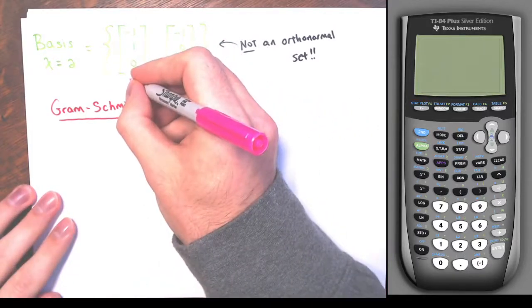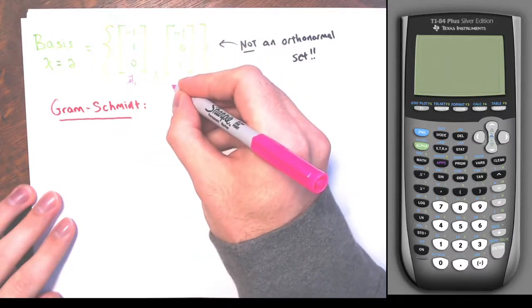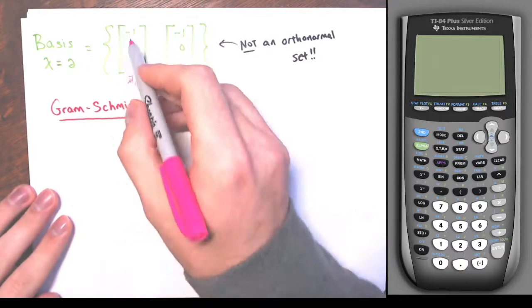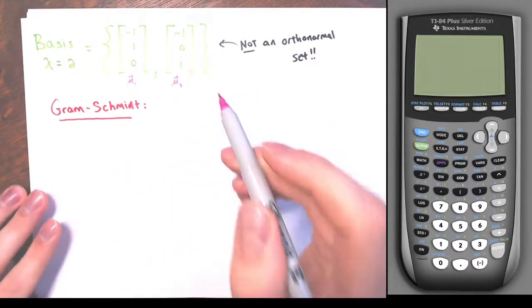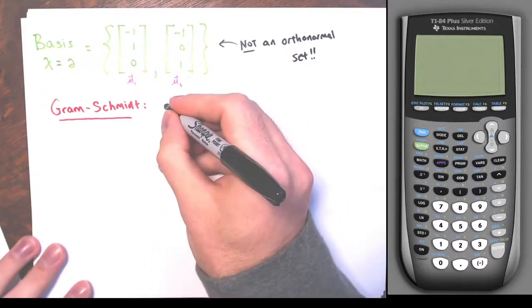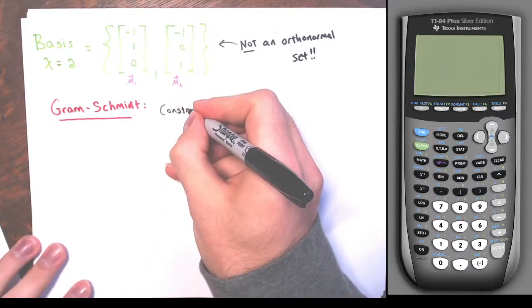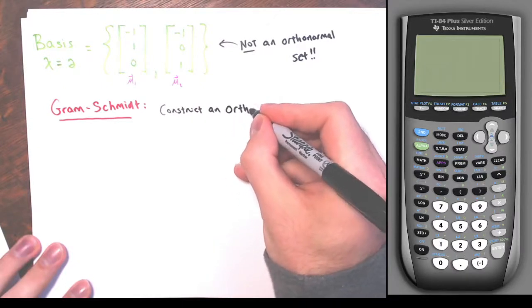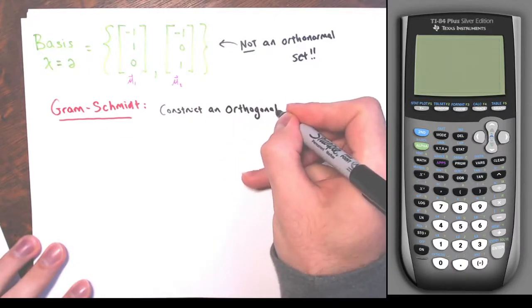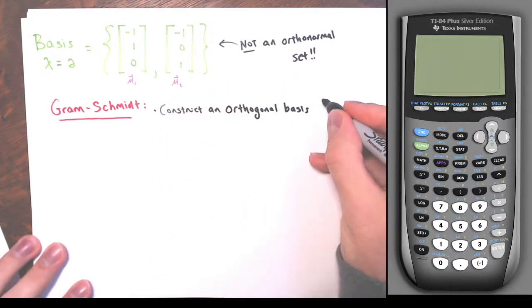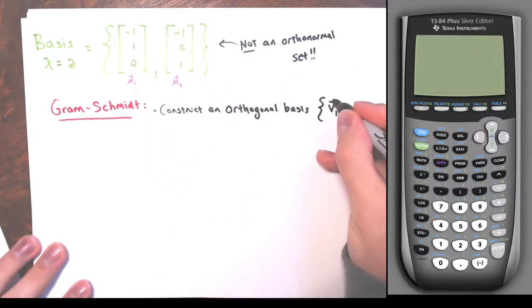I'm going to call this first vector u1 and this vector u2. The negative 1, 1, 0 is u1, and negative 1, 0, 1 is u2. So with Gram-Schmidt, I'm going to construct first an orthogonal basis for this eigenspace. Say it has the vectors v1 and v2.